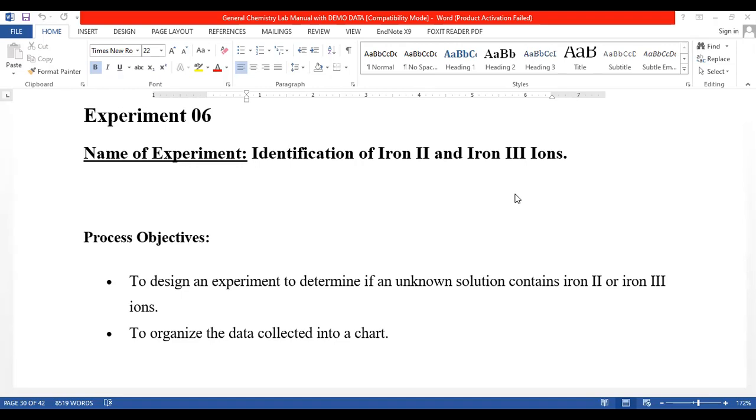When we were discussing the classification of inorganic compounds in our last session, we found that in binary ionic compounds some transition metals can form compounds by using both of their valences, like copper, like manganese, like iron.